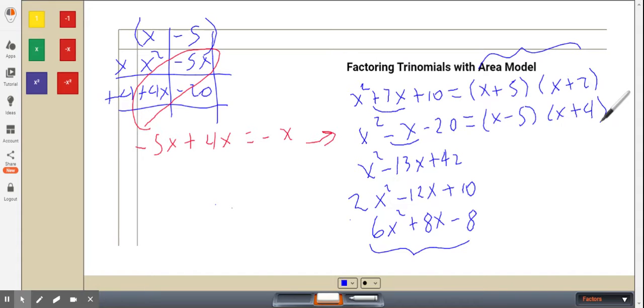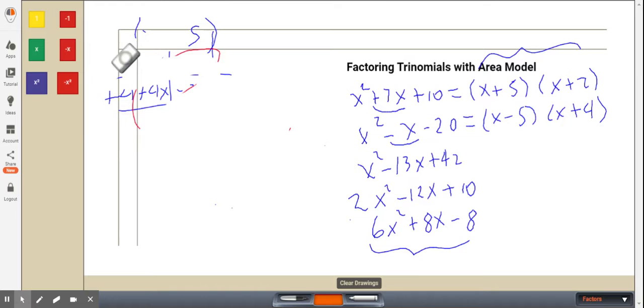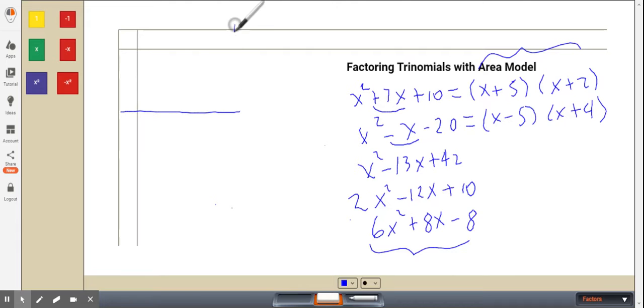Cool. Now we're going to do one more example, and this one involves also positives and negatives. These examples are chosen because each of them is really different, so there are things that we have to think about for each of them. So let's begin again here with the structure that we have been working with, and place the x squared and the 42 in the corresponding boxes.